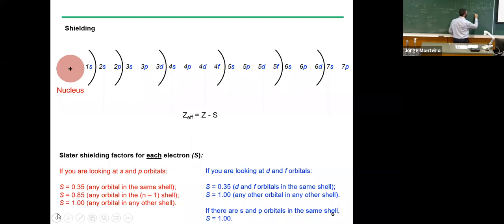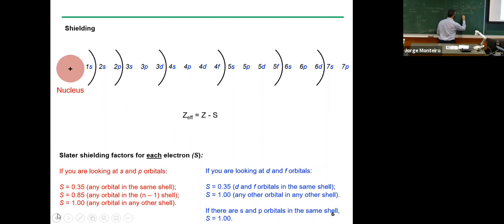So therefore, we are going to add the number of electrons times the shielding factor. Okay. So let's mark this here. This is the number of electrons times the shielding factor.